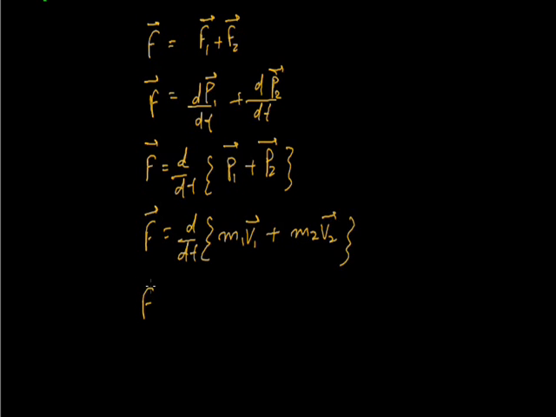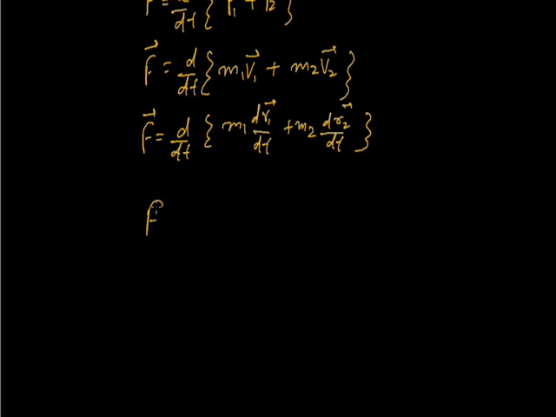Velocity v is the differentiation of the displacement vector, so it is m1 dr1 vector by dt plus m2 dr2 vector by dt.